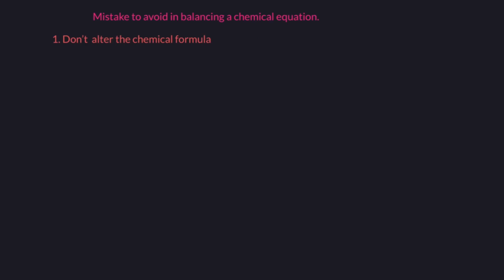Now, mistakes to avoid in balancing a chemical equation. The first point, do not alter the chemical formula. For example, in the previous balancing equation, we have magnesium plus oxygen gives rise to magnesium oxide.